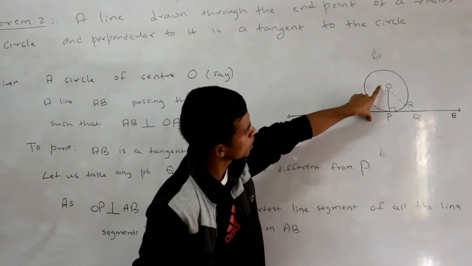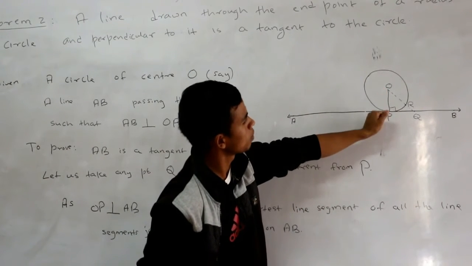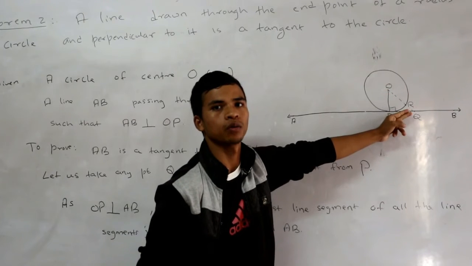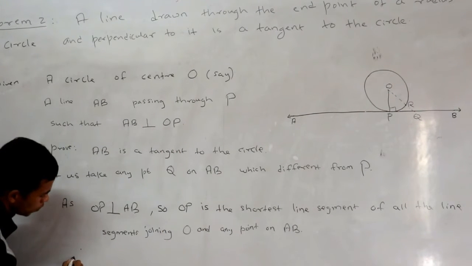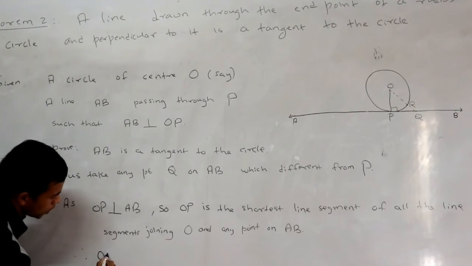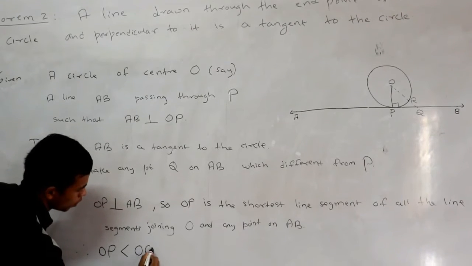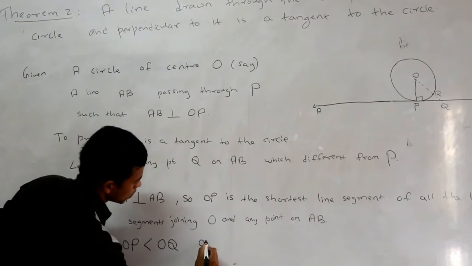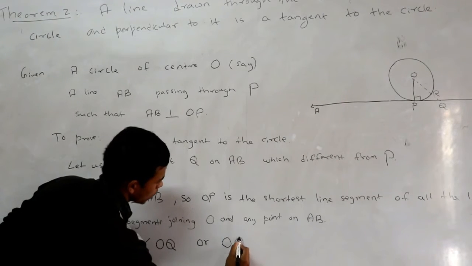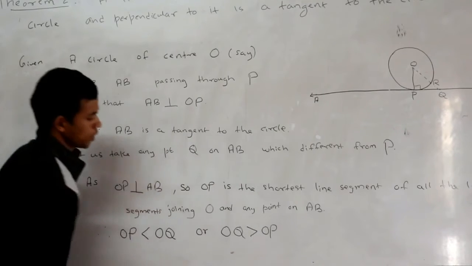So this OP is the shortest line segment and Q is any point on AB. So as OP is perpendicular to AB, OP in particular will be shorter than OQ. So therefore OP is shorter than OQ, or we can write this as OQ is greater than OP.